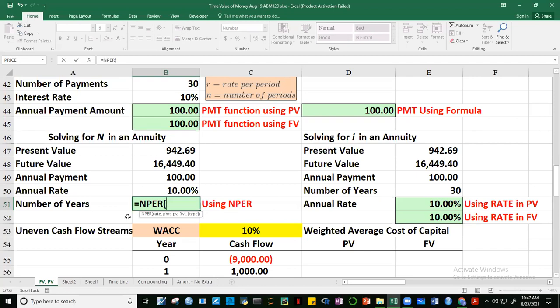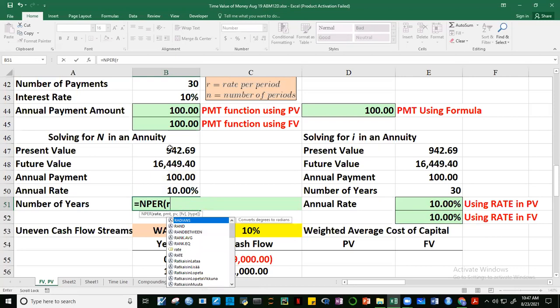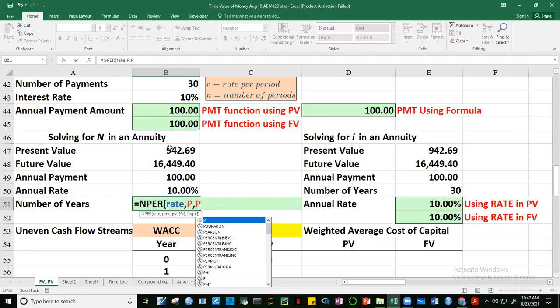30 dapat. Ang rate natin 10%, PMT natin 100. Okay, we can use present value. Ang present value natin is this one. Pero dapat para consistent tayo. Rate, PMT is P, comma. We can use the PV, guys, PV.